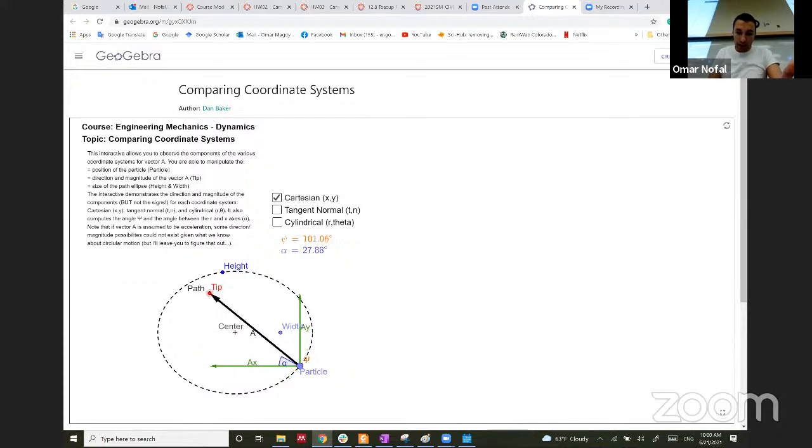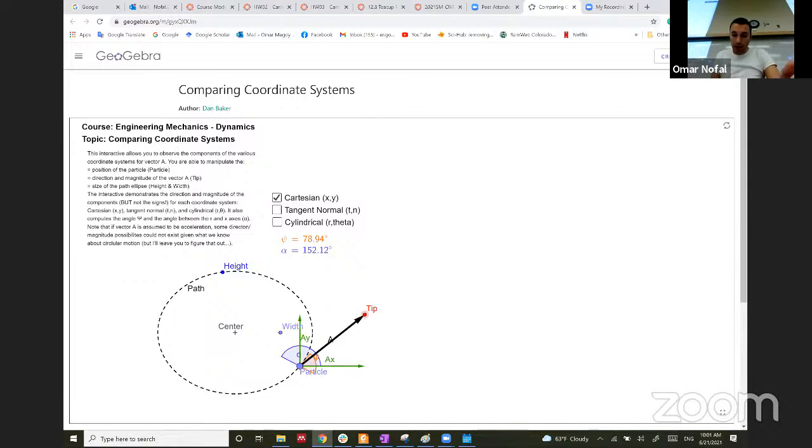If I have it like this, y is increasing and x is decreasing. So this is how the vector looks in terms of the Cartesian coordinate system, and it will be positive or negative depending on your direction.